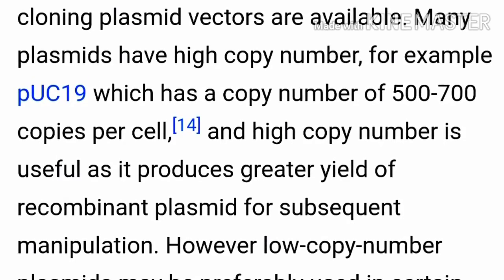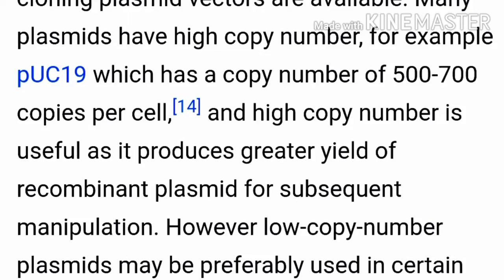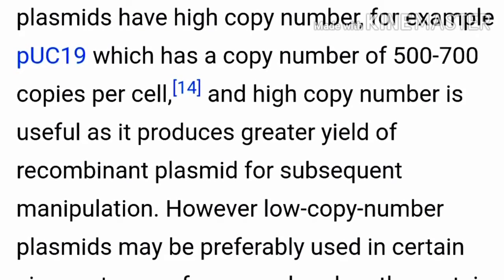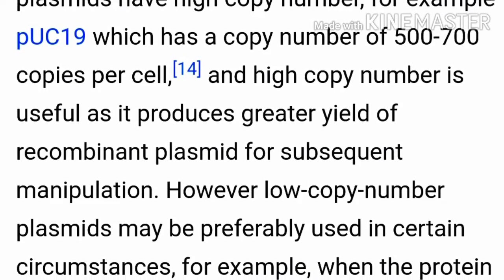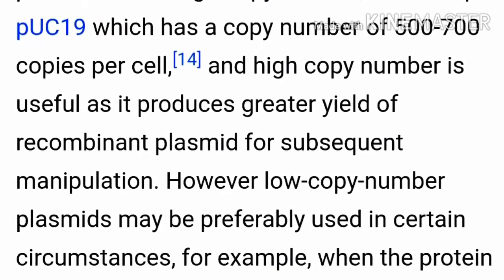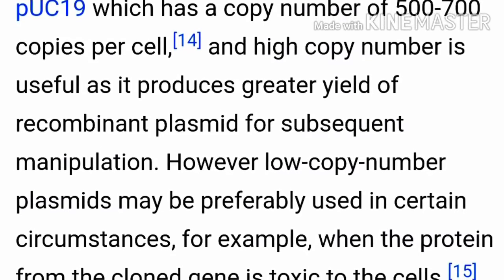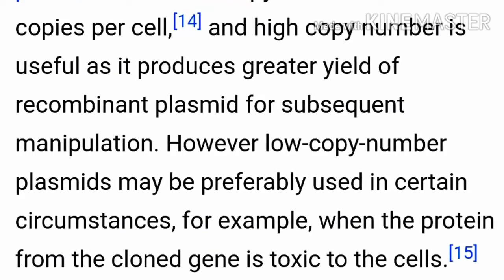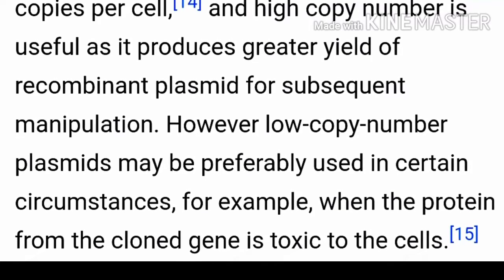A high copy number is useful as it produces a greater yield of recombinant plasmid for subsequent manipulation. However, low copy number plasmids may be preferably used in certain circumstances, for example, when the protein from the cloned gene is toxic to the cells.